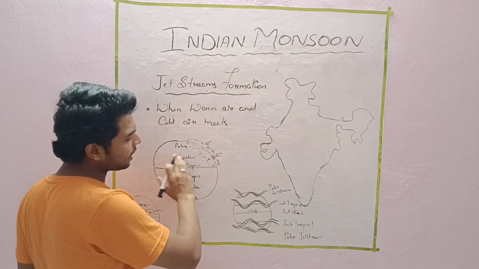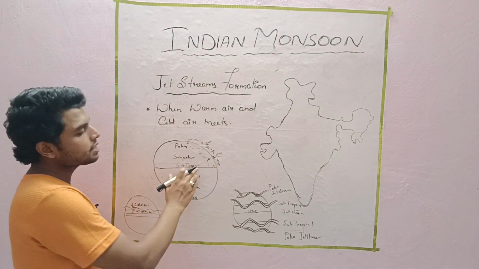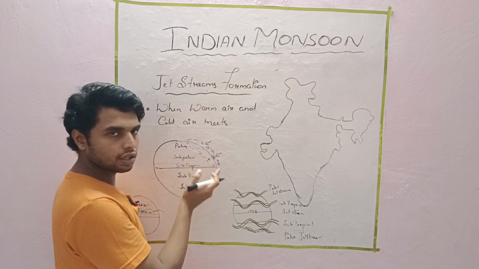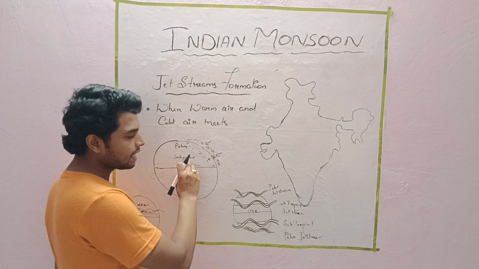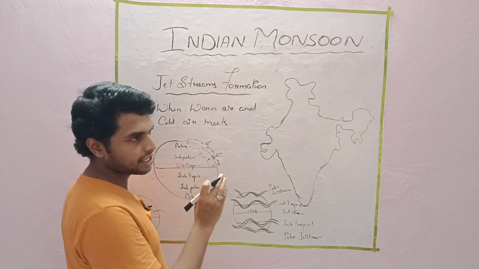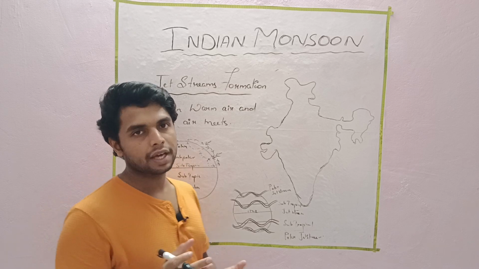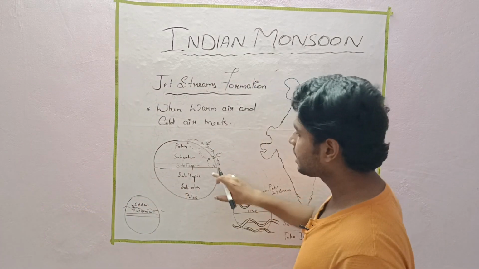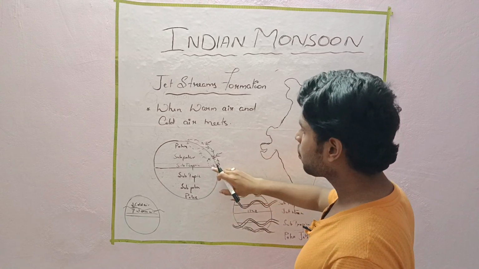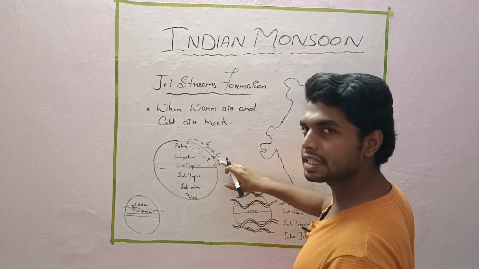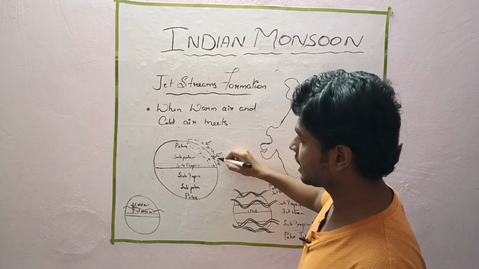Now let us look at this part. Because India is in the northern hemisphere, as it is a subtropical region near the equatorial region, the temperature will be high. So the air here will expand and rise up, and it will move towards this side.